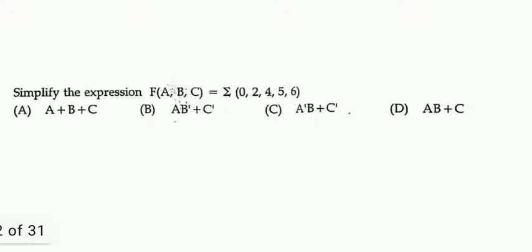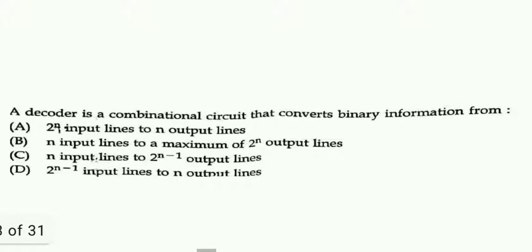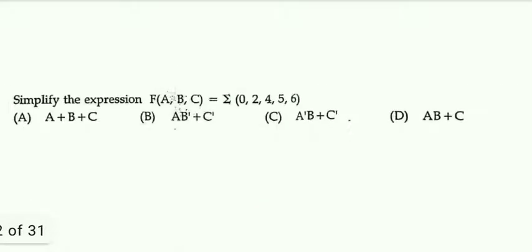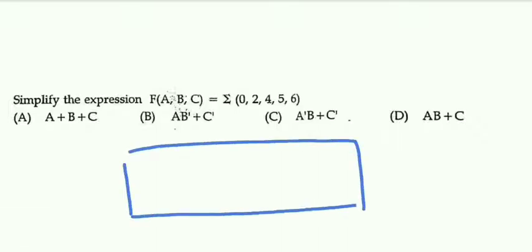Simplify f of abc is equal to sum of 0, 2, 4, 5, 6. Here they have given the min terms 0, 2, 4, 5, 6. So it's a 3 variable map. Draw a 3 variable map.